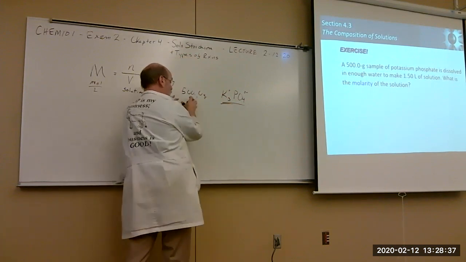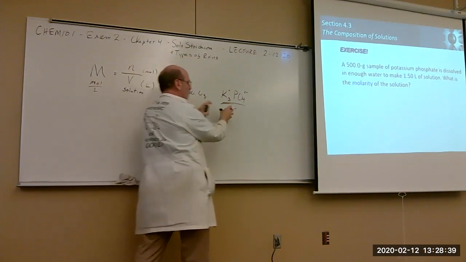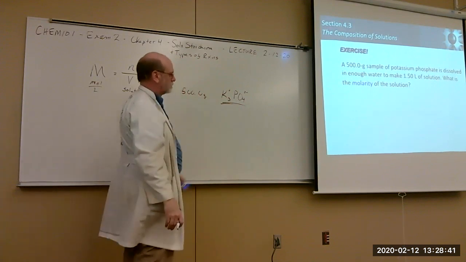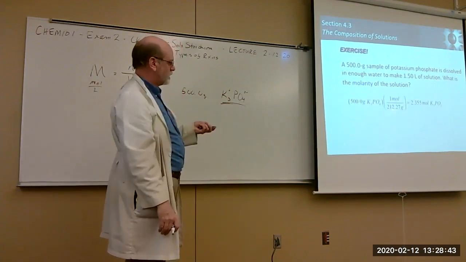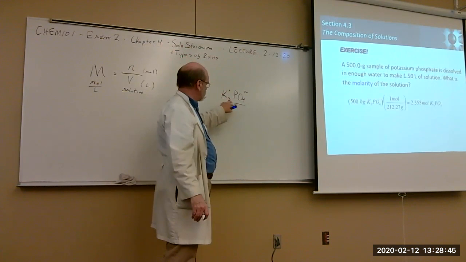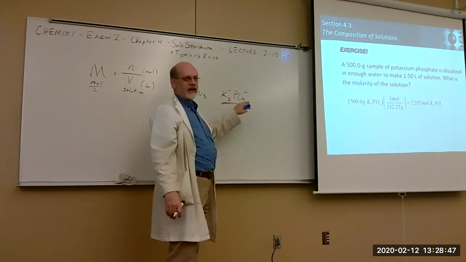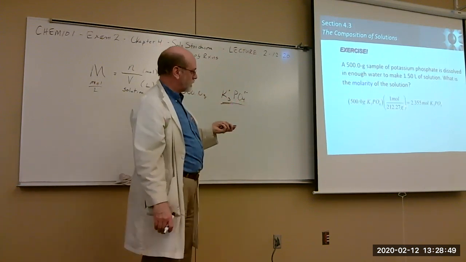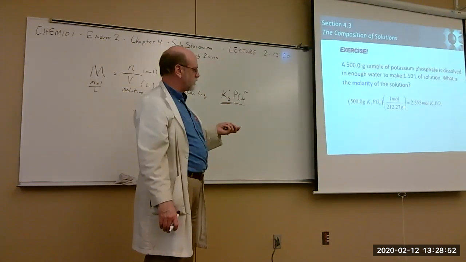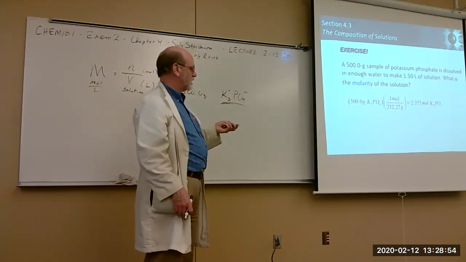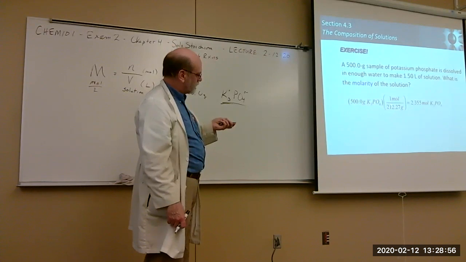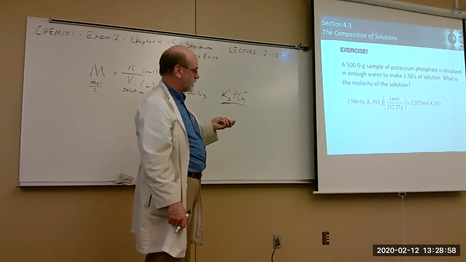Now to convert 500 grams to moles, you need the molar mass of K3PO4. Here it is. You just say 3 potassiums, 1 phosphorus, and 4 oxygens, add them together, and you get 212.27 grams per mole. Notice that we have to put it in the denominator like we did before to make the number of moles.